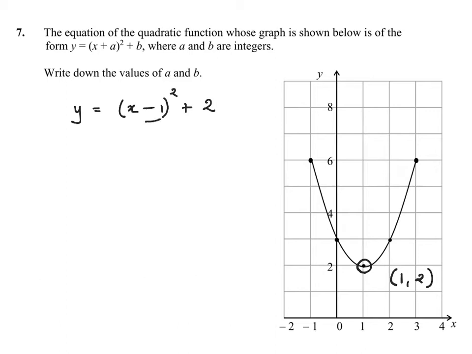Remember, if we have a minus 1 in the bracket, it means the graph has been moved one space to the right. So if I compare the equation I've just formed with the one given, I hope you can see that A has the value minus 1 and that B has the value 2.